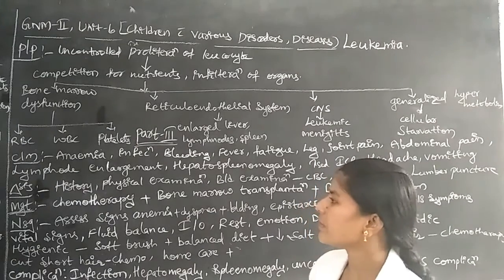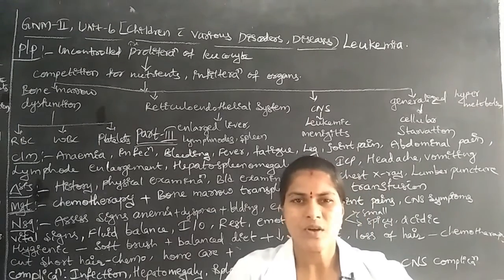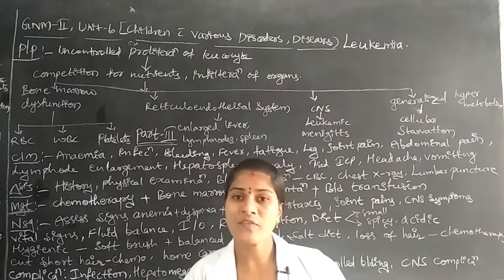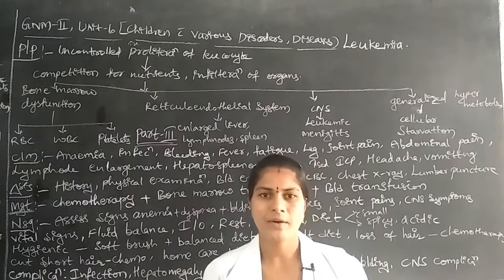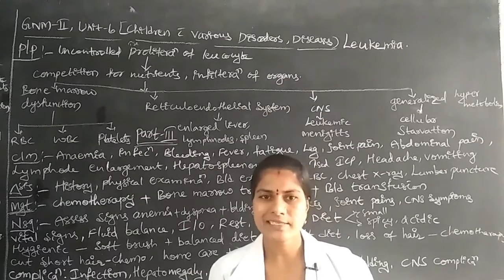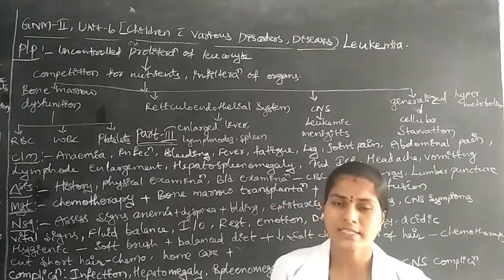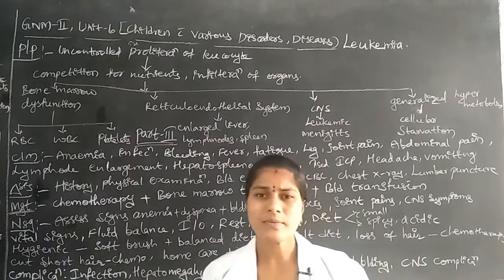Next we are going to discuss diagnosis. What is the diagnostic procedure? How do we identify children especially suffering with leukemia? The first step is history collection; we have to collect history from the children. What is the problem?